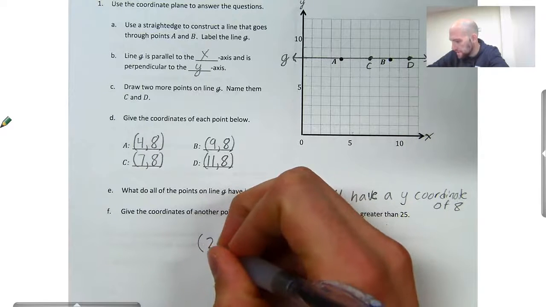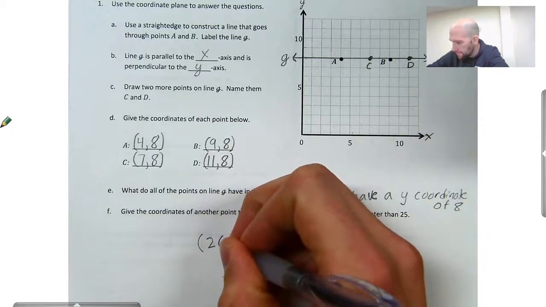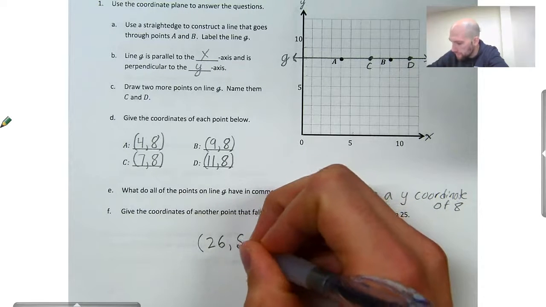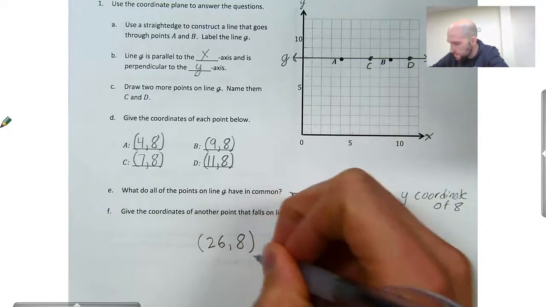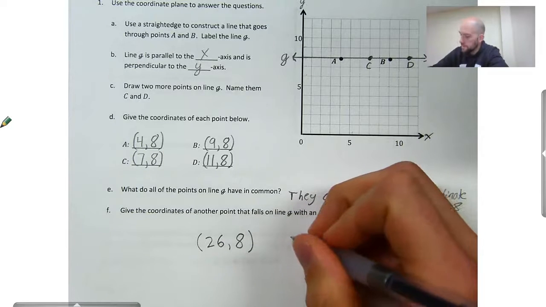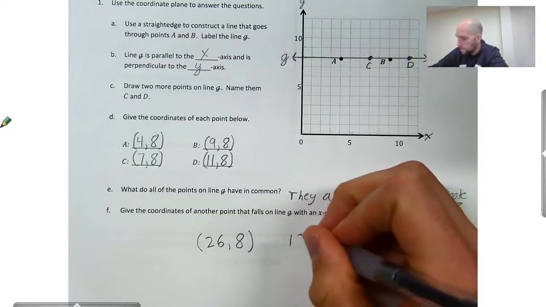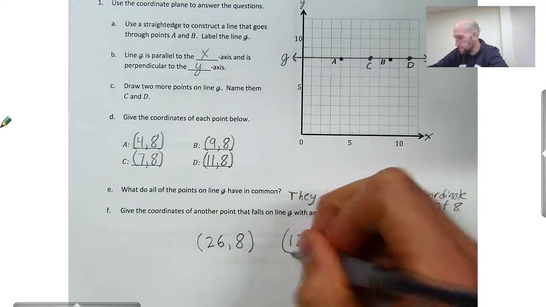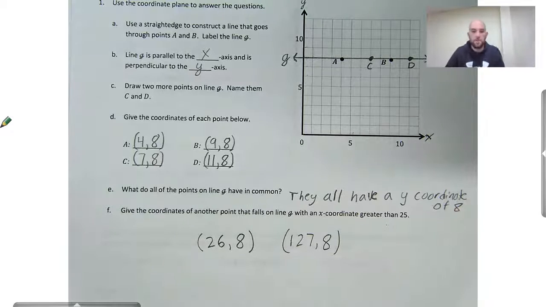Let's go with 26. 26 is greater than 25, and our y coordinate is still going to be 8. Another example could be 127 with 8 as our y coordinate. Anything with 8 as our y coordinate will be on that line G.